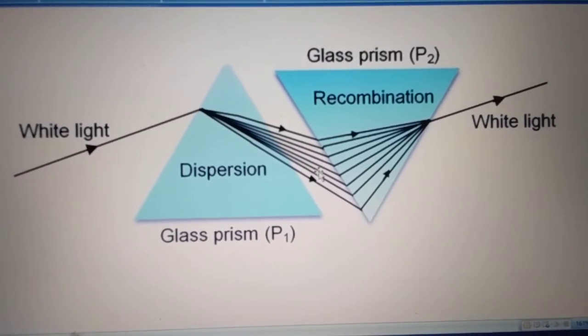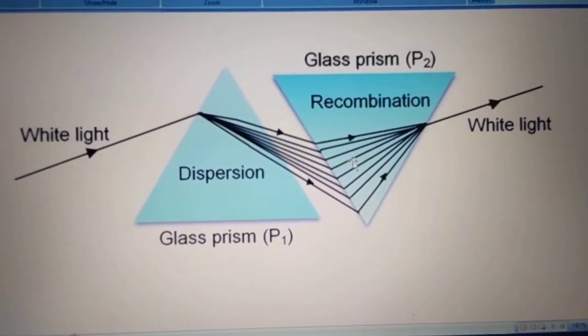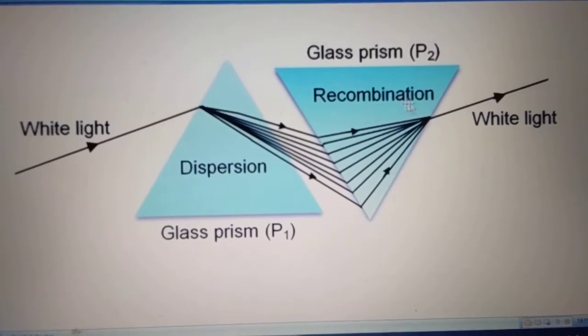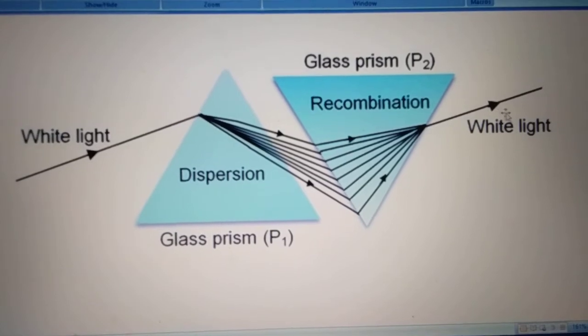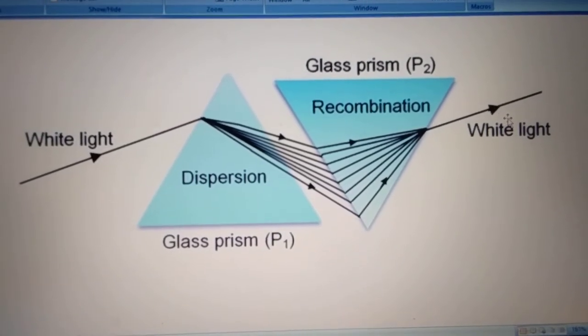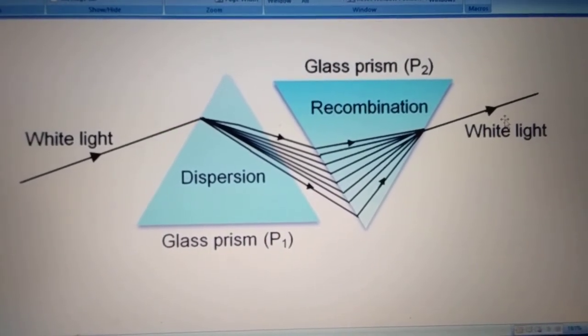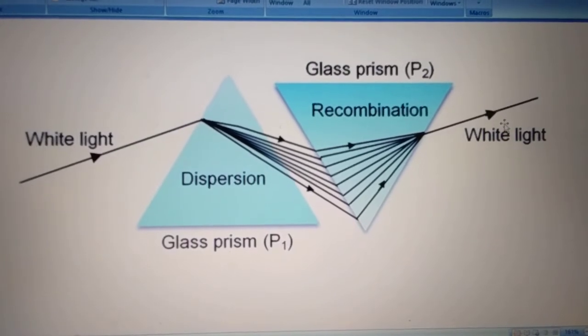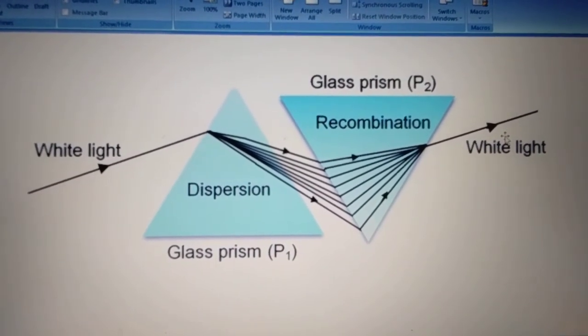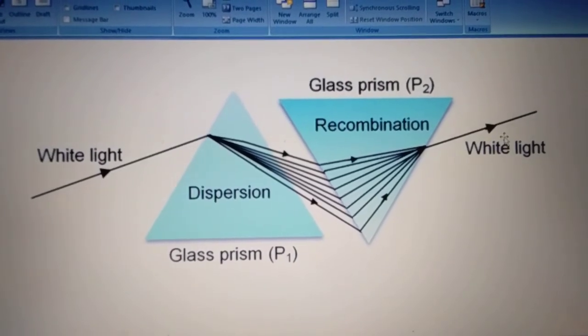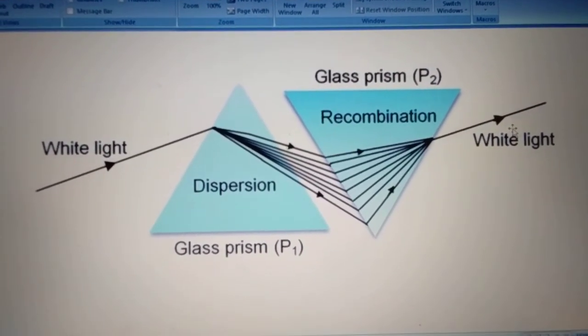Whenever it falls on the other prism, recombination takes place, and at last on the screen you will get white light. So dispersion is nothing but the splitting of light into its constituent colors, and if you recombine all these colors, we will get white light.